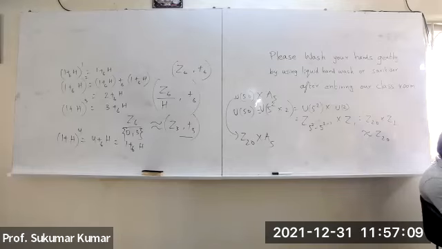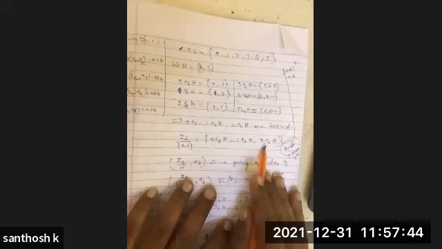Power whole cube. What did you write? Z6 by {0, 3}: 0 plus H, 1 plus H, 2 plus H. 2 plus H also will be a generator.